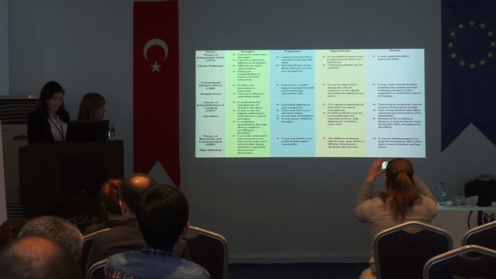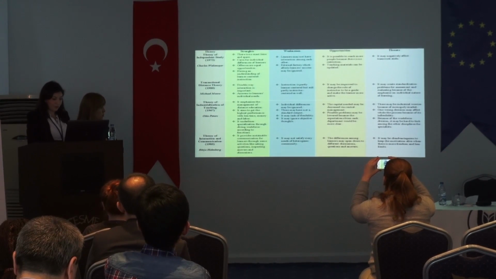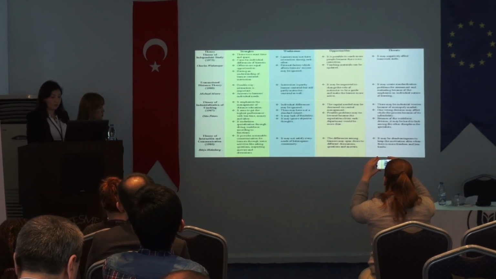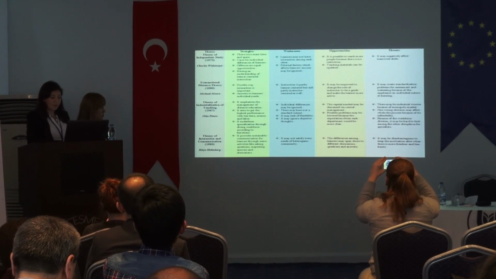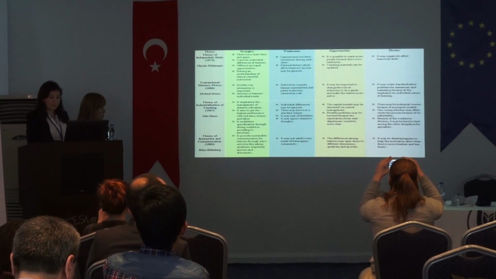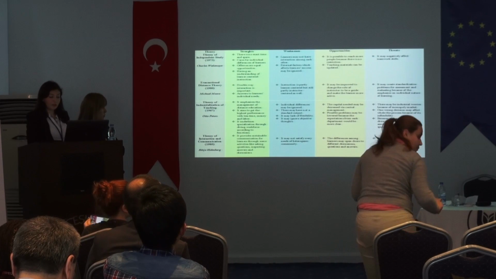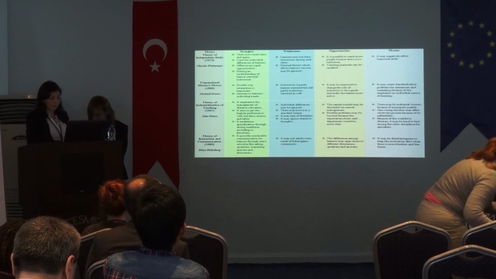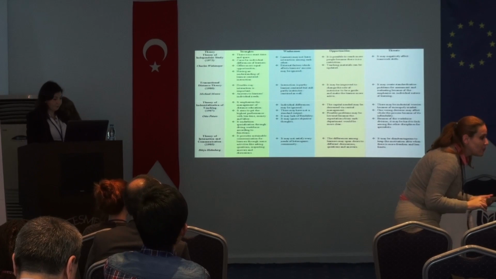It may be improved to change the role of the instructor to be a guide and make the learner more active. This can be an opportunity for this theory. It may create standardization problems for assessment and evaluating because of the emphasis on the individual nature of learning in this theory. This could be a threat.